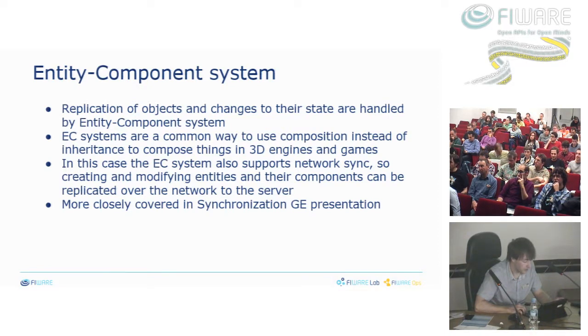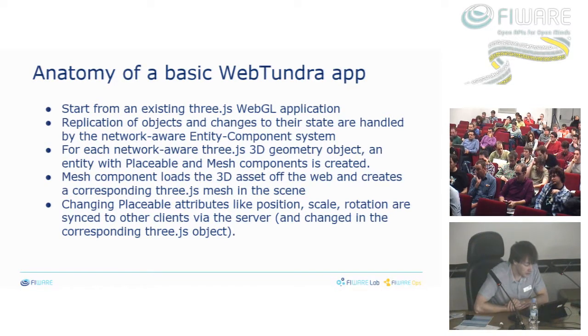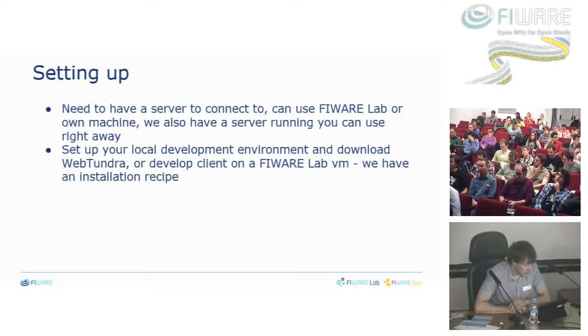Going via the synchronization GE server. A basic WebTundra application starts with a Three.js WebGL application, and then the logic is added to synchronize those entities inside of the scene, like when changing attributes like position and so on.